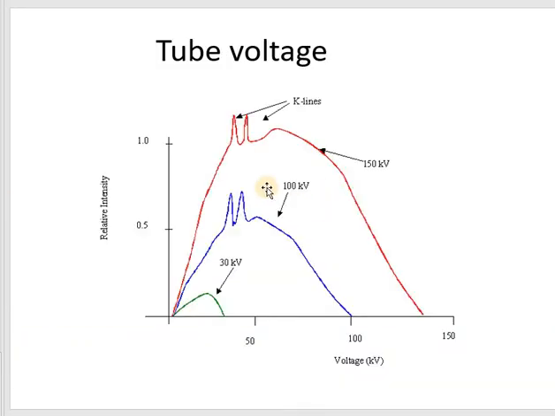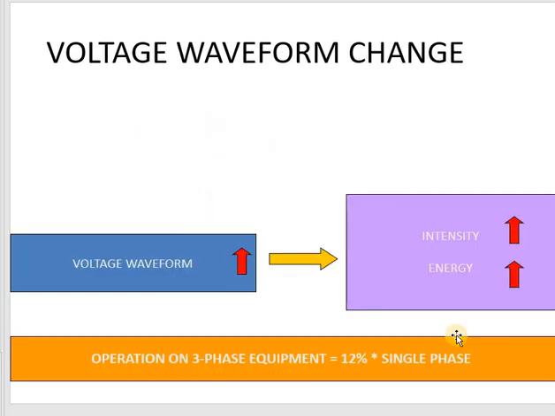The optimum energy here is about 50, 60 say, but this is at 50. So the optimum energy is higher, and the intensity is higher.